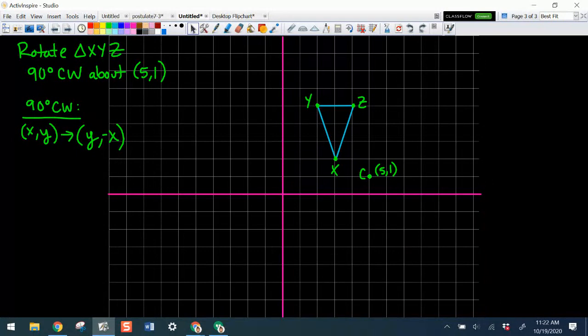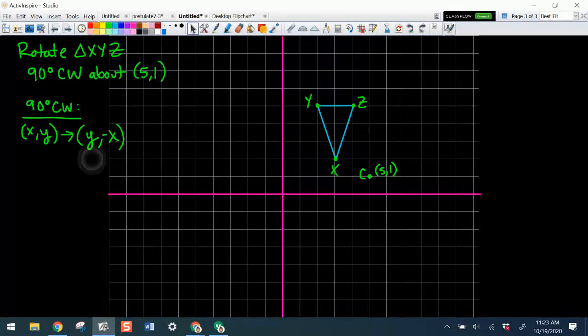Now, that function is only useful, or its main use, when we're rotating figures around the origin. In fact, most of the functions we see for rotations are rotations around the origin. But there has to be a way that we can still rotate this triangle XYZ around a point other than the origin, in this case (5, 1).